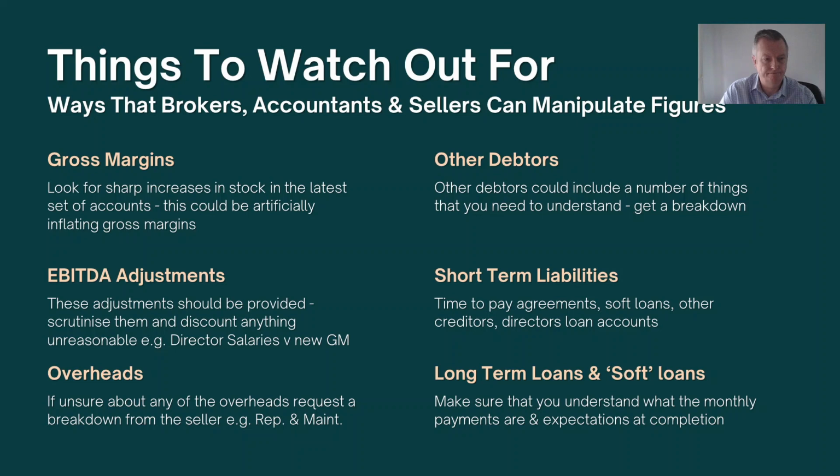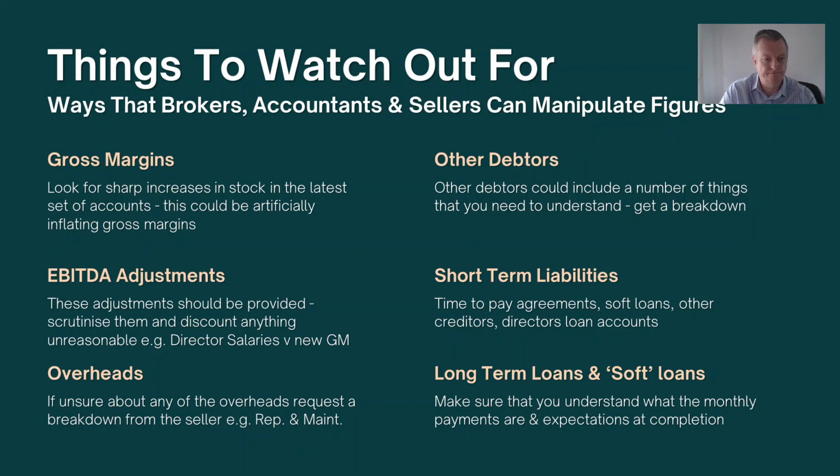When we look at the balance sheet, that is where you tend to see other one-line items or one-line entries that we really need to break down. Other debtors can be one, certainly other creditors. If we look at other creditors, these are items that the business owes money for. It could be a director's loan sat in there. There could be other soft loans.